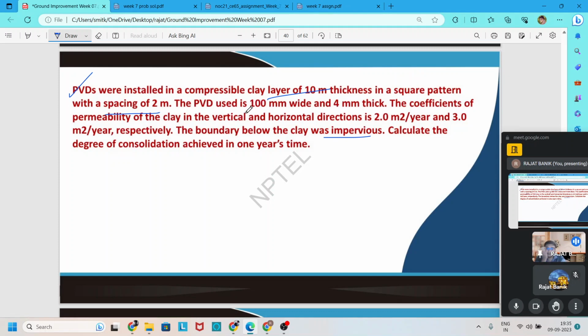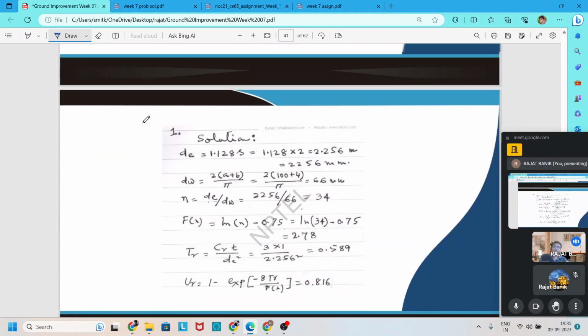The PVD dimension is given as 100 mm and 4 mm, and the coefficients of consolidation in the vertical and horizontal directions are given. Now we calculate the degree of consolidation achieved in 1 year. It is a very simple problem.